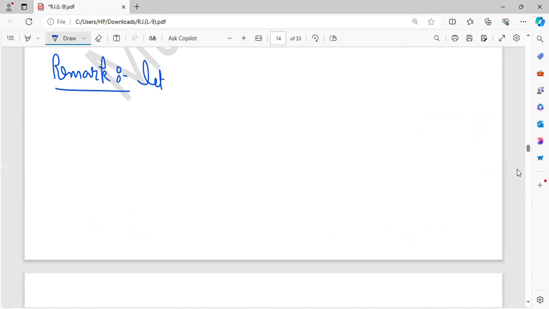So we will add a remark. Let f from the closed interval [a,b] to R be a function.